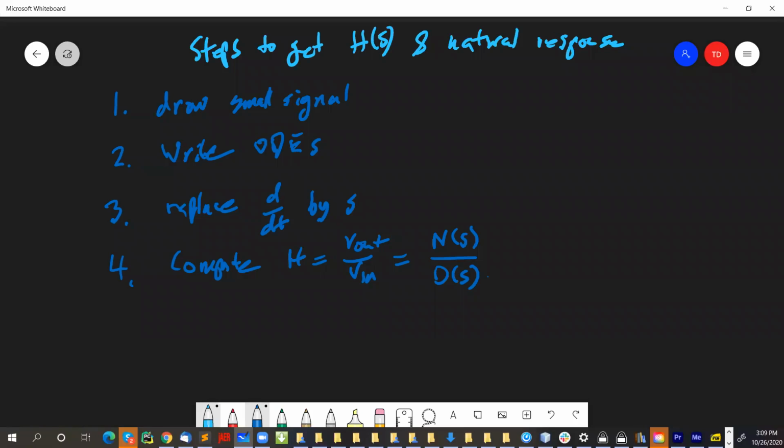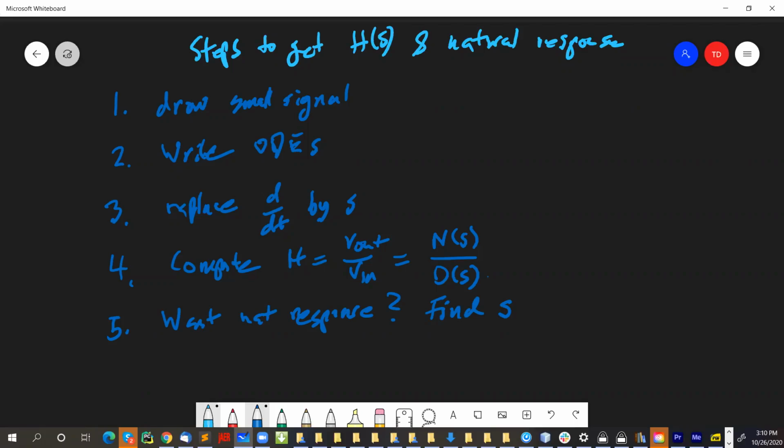Okay. Step 5, and this is the only point that won't be obvious. Do you want the natural response in the time domain? If you want the natural response, then here's the trick.